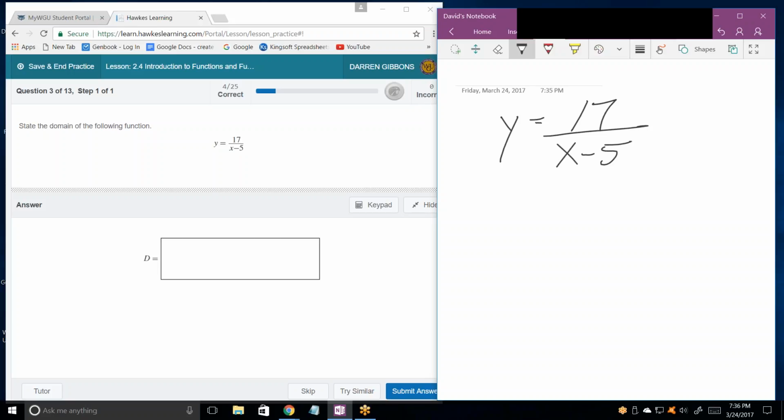But there is one specific thing that x cannot be here. And the number one law of all of mathematics is thou shalt not divide by 0. So what value for x would make us divide by 0?